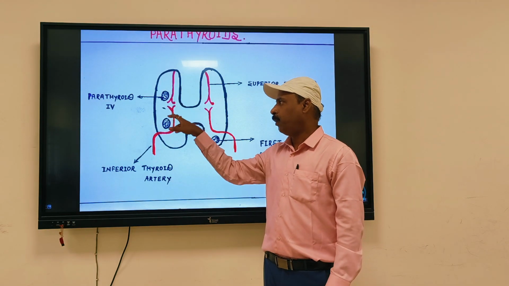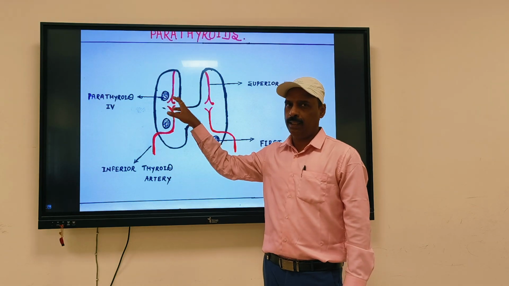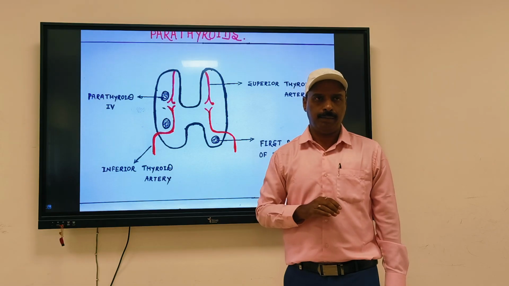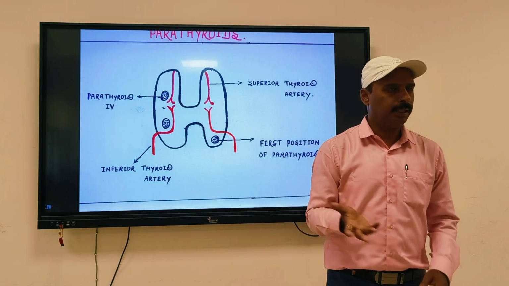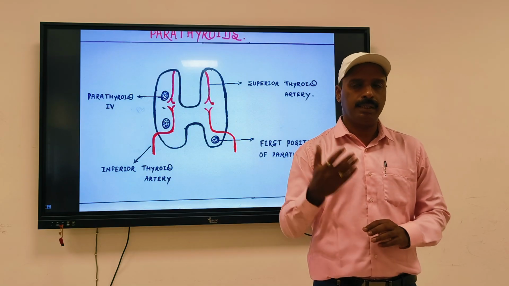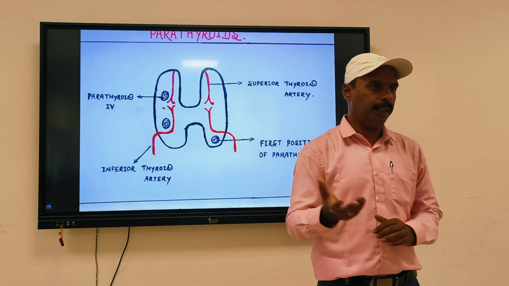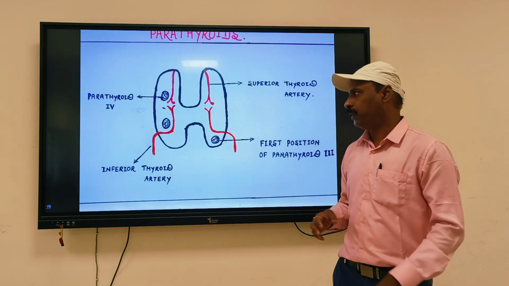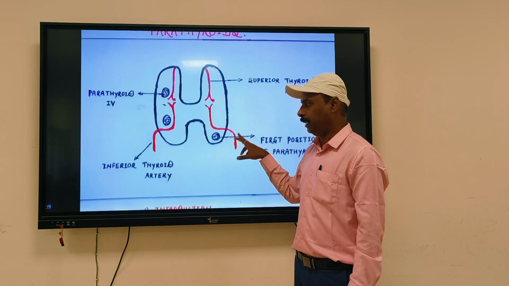These are small oval body-like structures seen on the posterior aspect, which we call the parathyroid. Then after the introduction, you have to tell that it is an important endocrine gland which secretes the important hormone parathormone and plays an important role in calcium metabolism. This is what you have to remember in the introduction of the parathyroid.